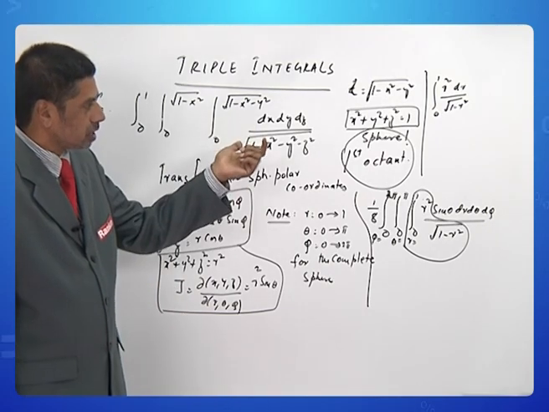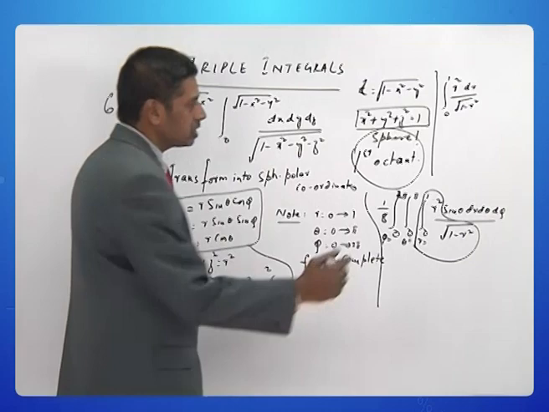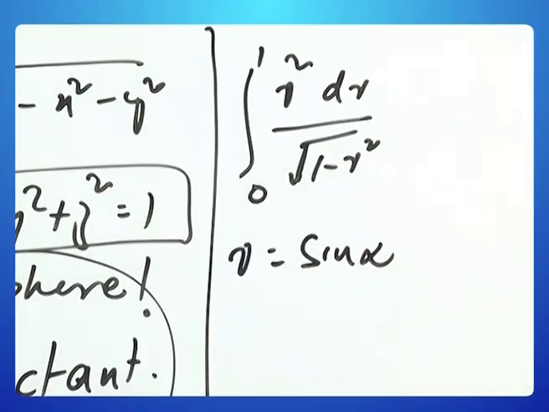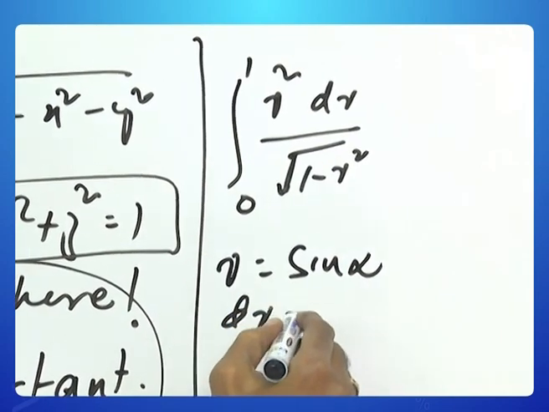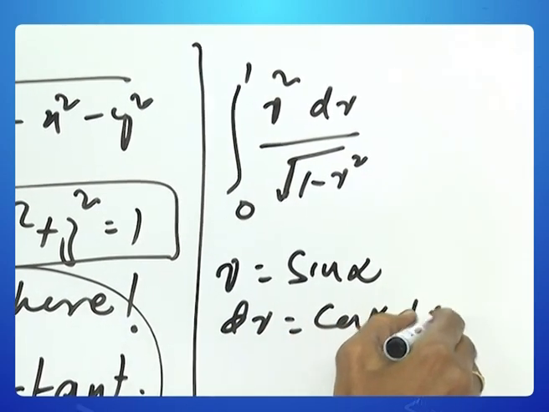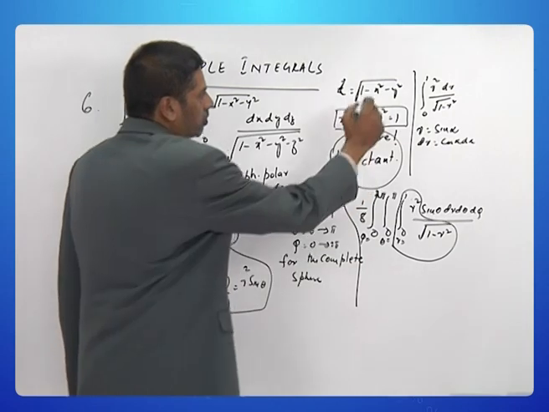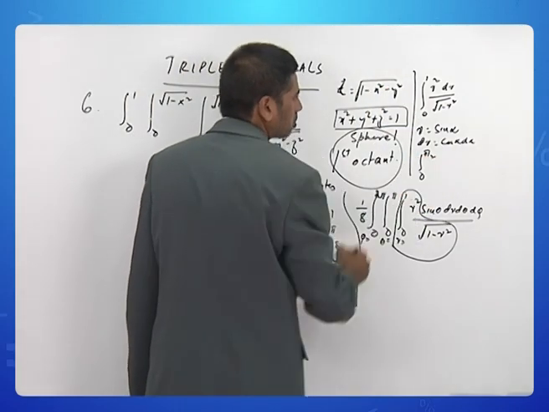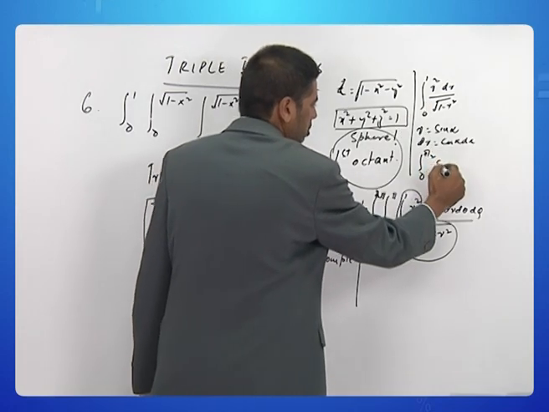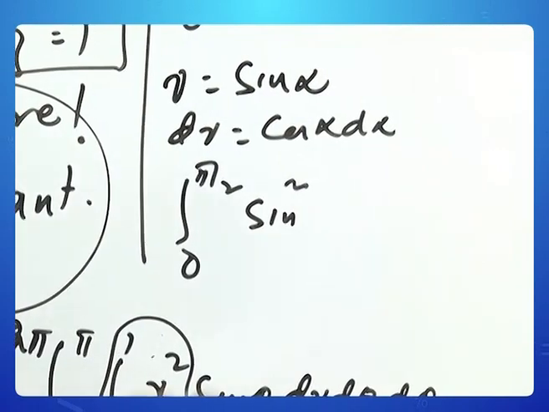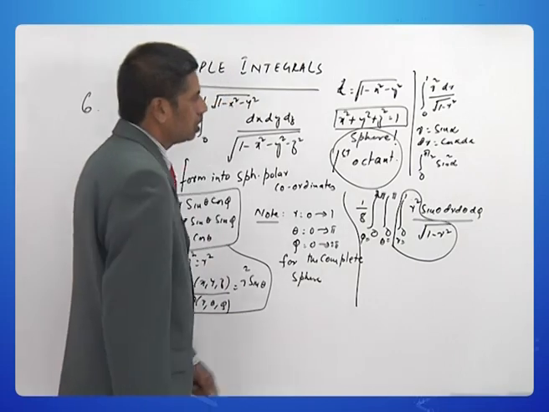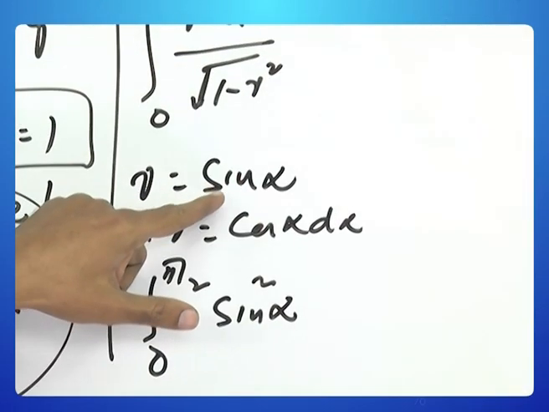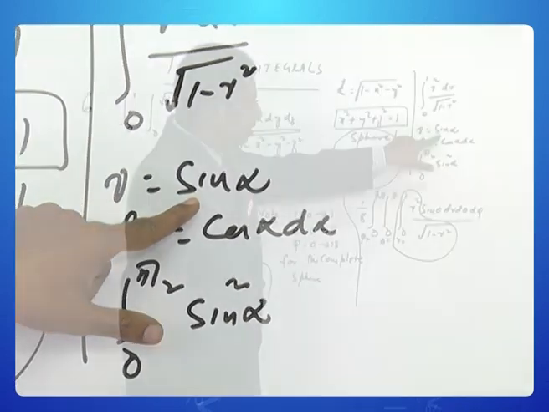Now for this there are a couple of techniques, but the easiest technique is to introduce a substitution: r is equal to sin alpha. So dr will be cos alpha d alpha, and when you change the limits, you will get 0 to pi by 2. r square becomes sin square alpha, then square root of 1 minus r square will be square root of 1 minus sin square alpha, that is cos square alpha.